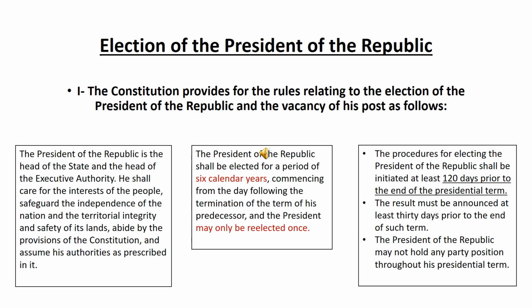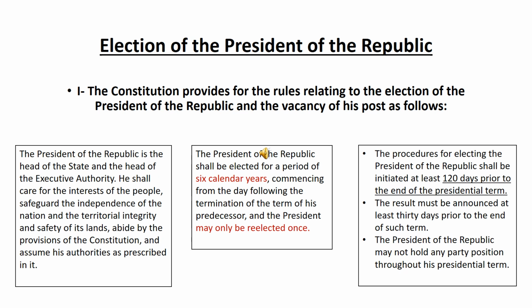The procedures for electing the President of the Republic shall be initiated at least 120 days prior to the end of the presidential term. So here, before the term of the old President of the Republic ends, we must have a new election so that we cannot suffer later on from a gap of an interim period where we do not have the President.